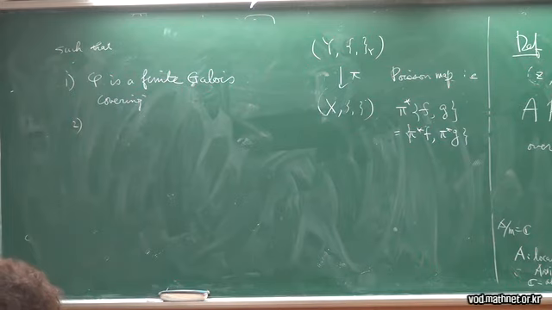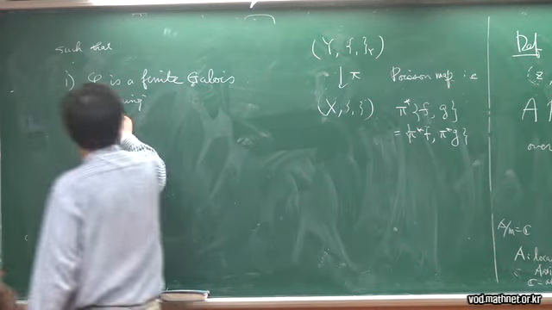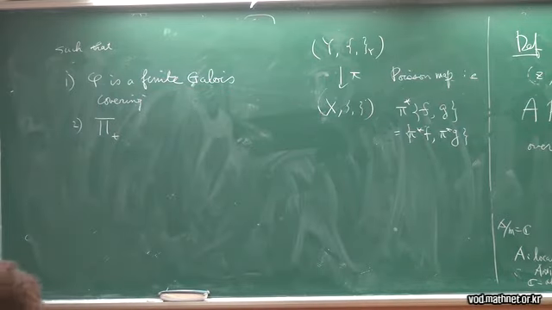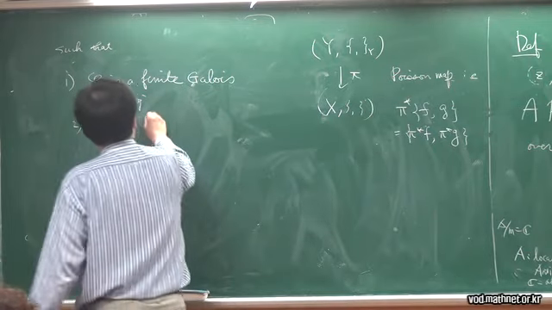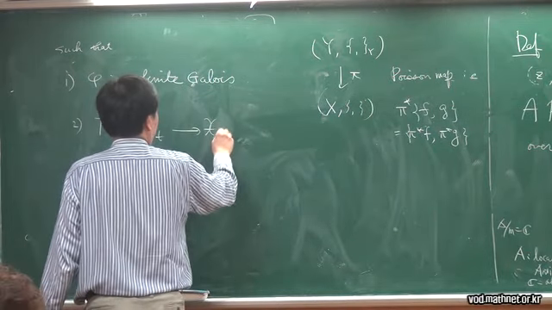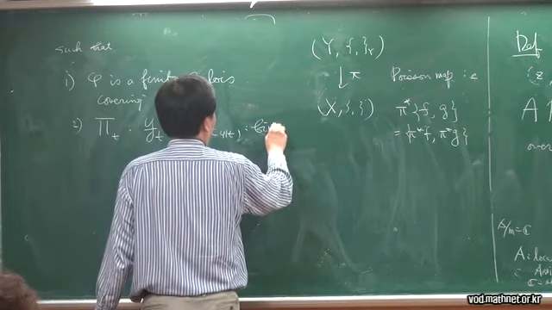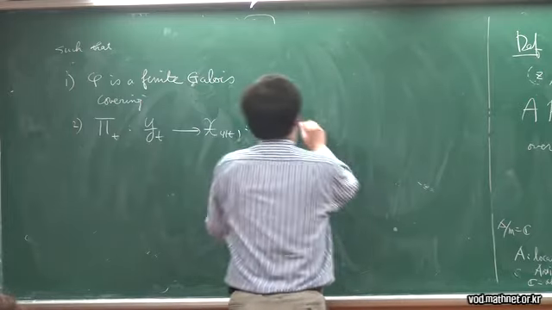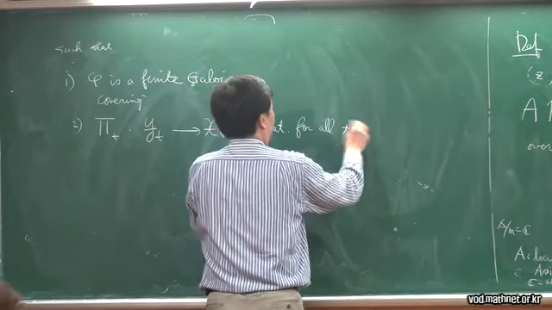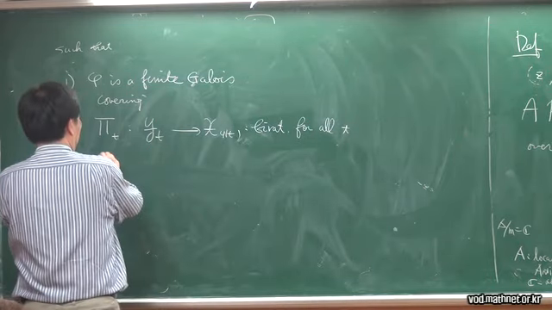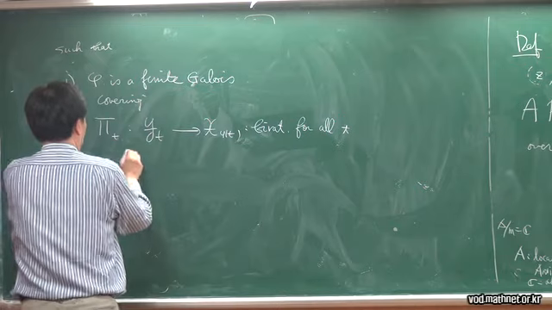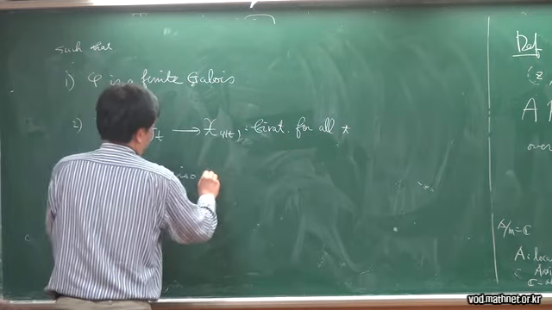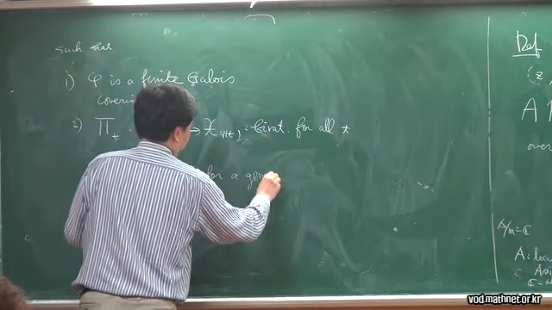There exists a natural map for each point t, from Y_t to X_phi(t), which is always birational for all t, and phi_t is actually an isomorphism for general t.